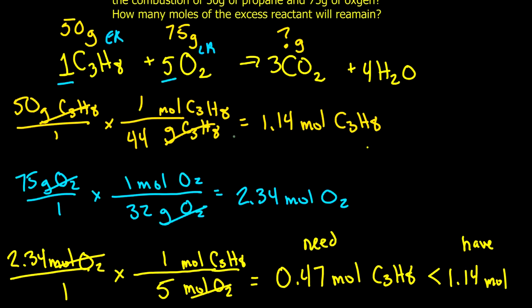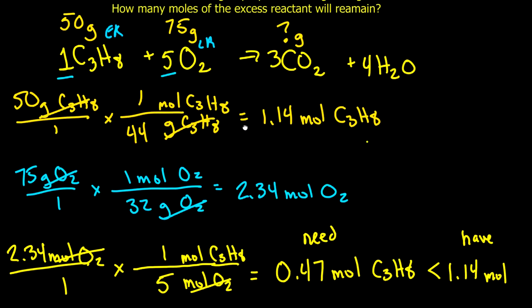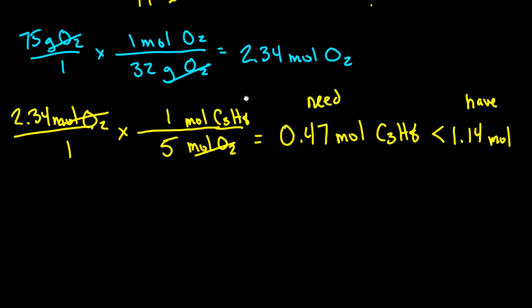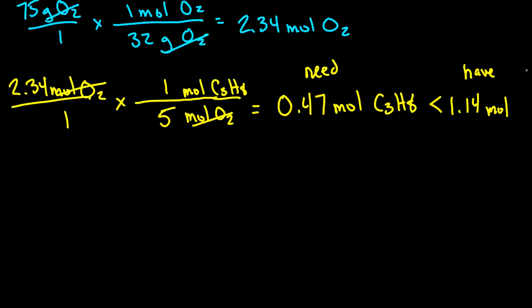So all my stoichiometry from this point on will be done using the moles of oxygen. So let's do that now. Let's figure out how many grams of carbon dioxide we will produce using our 2.34 moles of oxygen. Slide down, make some more room.